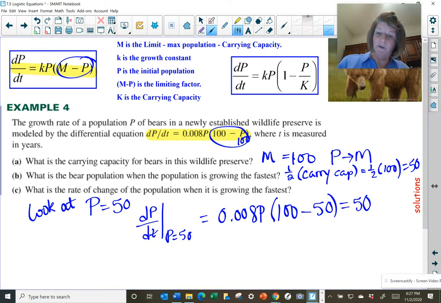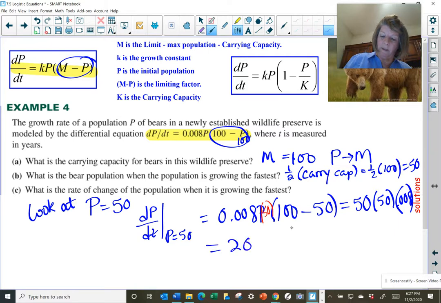I should have substituted 50 in there. Let's switch that to 50. Just caught that. So 50 times another 50 times 0.008. Do I have a number on that? Because in my head, it turns out to be 20 bears.